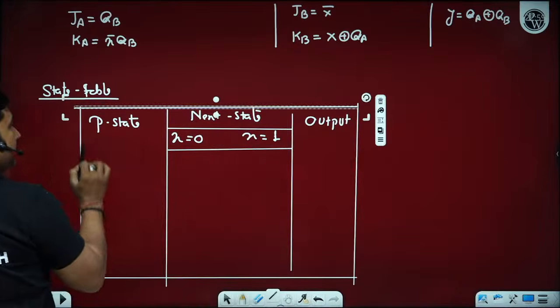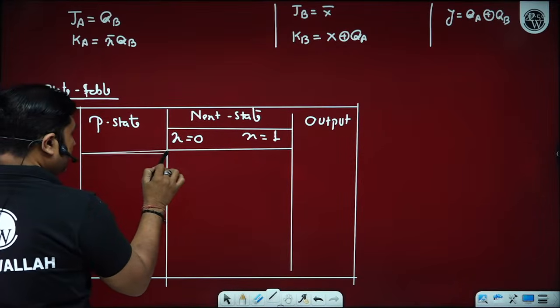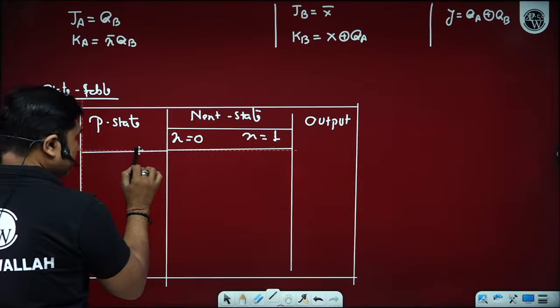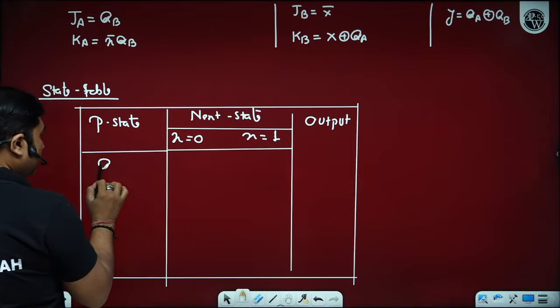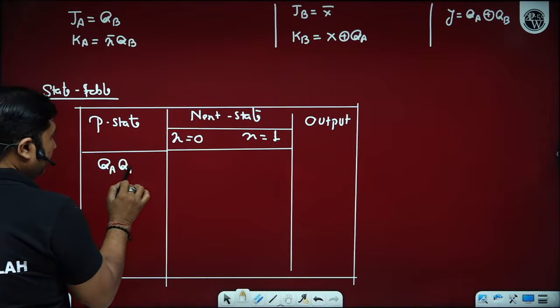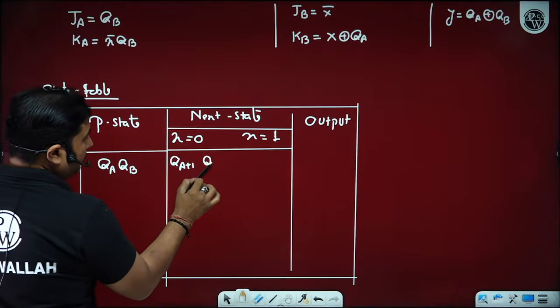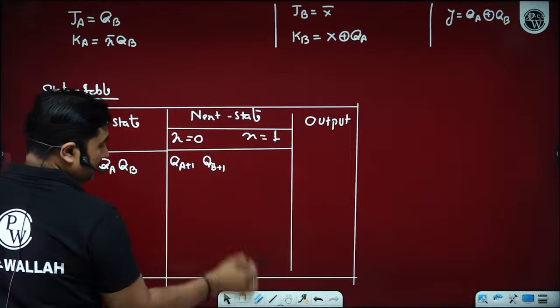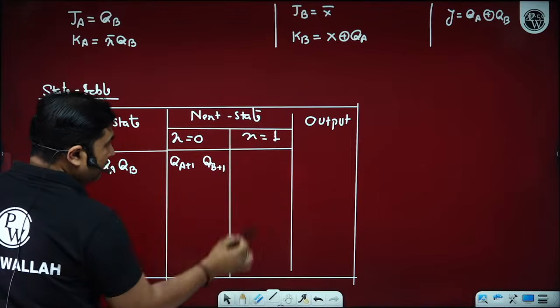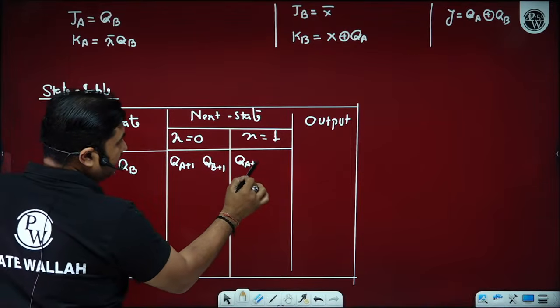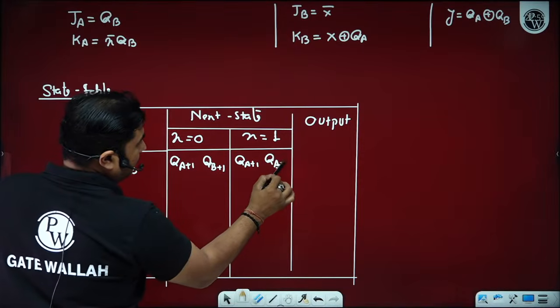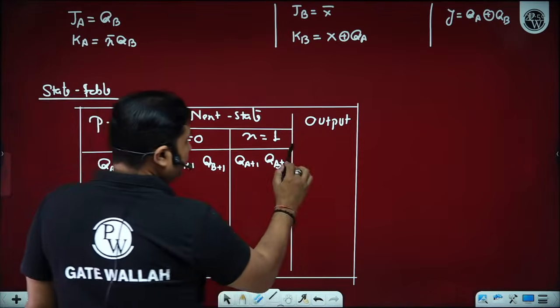Now please observe here. So present state in terms of QA QB. We have X equals to 0, QA plus 1, QB plus 1, and with X equals to 1, we have QA plus 1, the next state of flip-flop A, and the next state of flip-flop B. Is it okay?